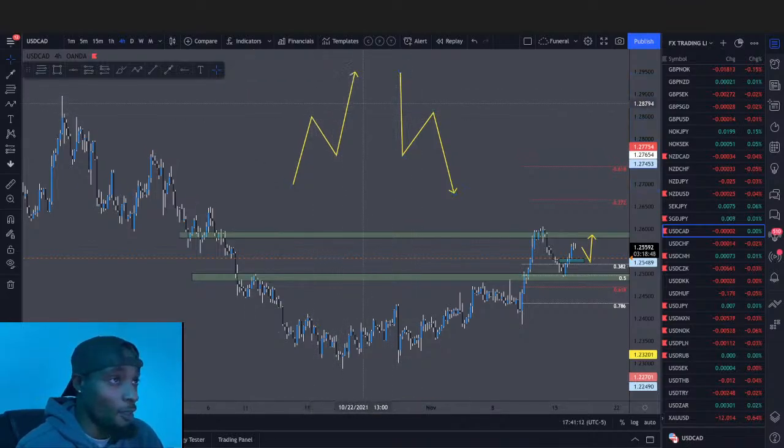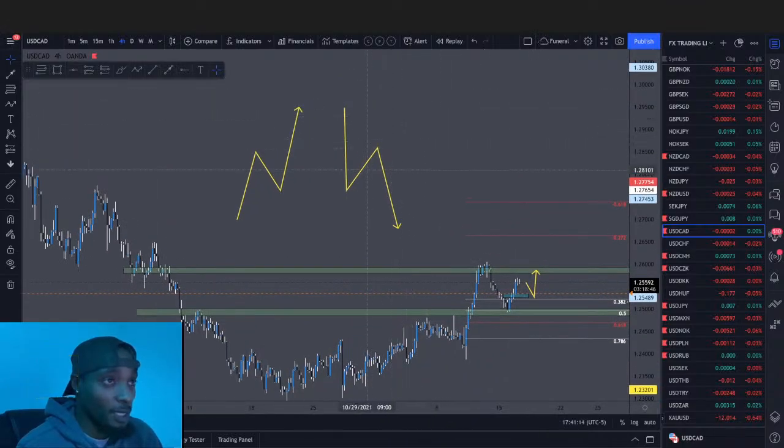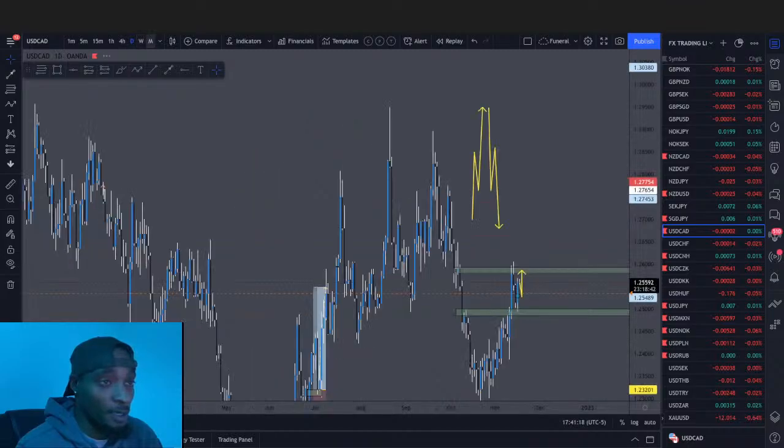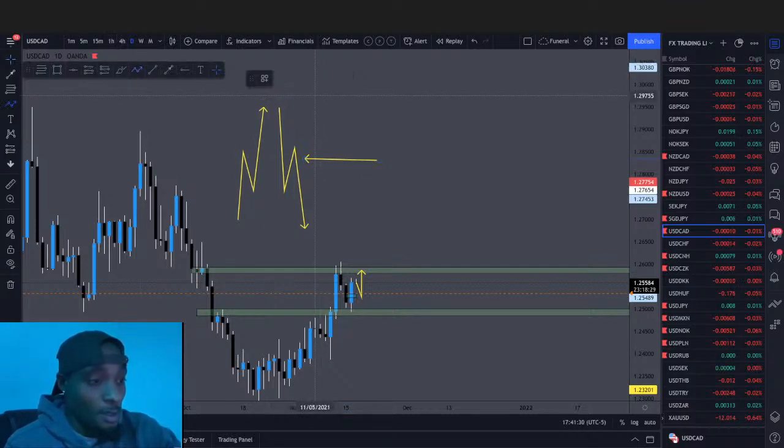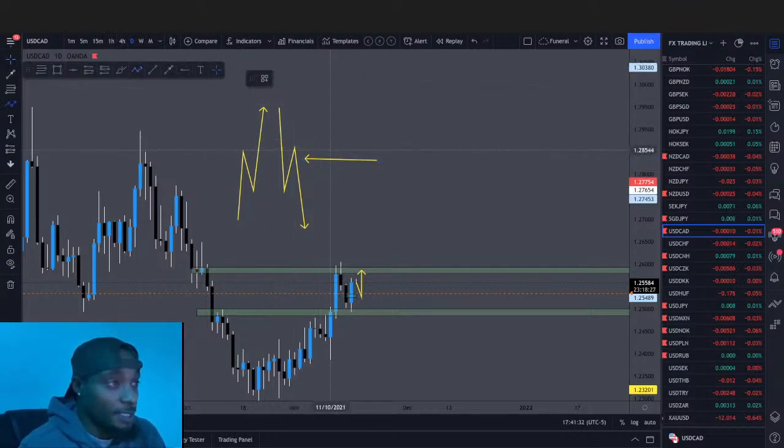So on the hour or on the daily, let's do the daily for example. If we look at the daily, these candles will look exactly like how I drew it. But on the hour, you'll get a bunch of breaks and retests on its way down.